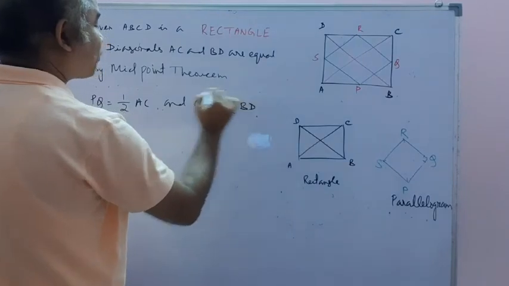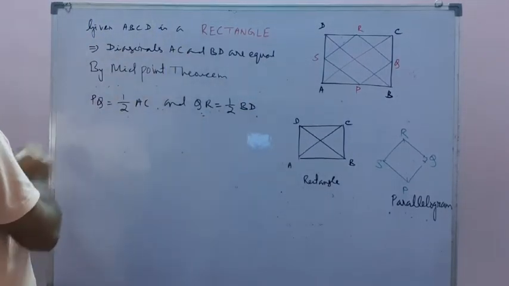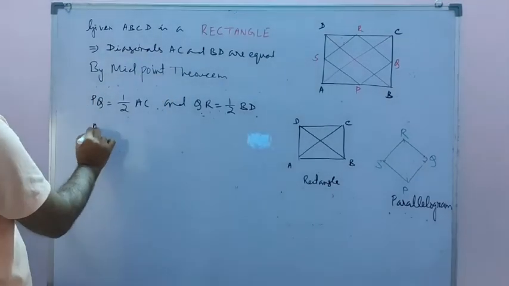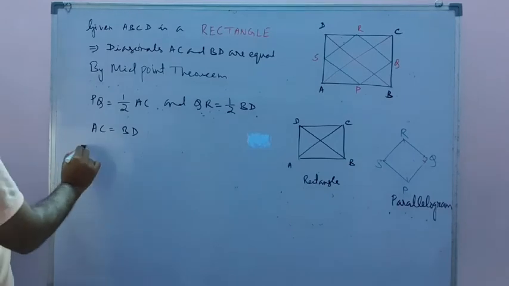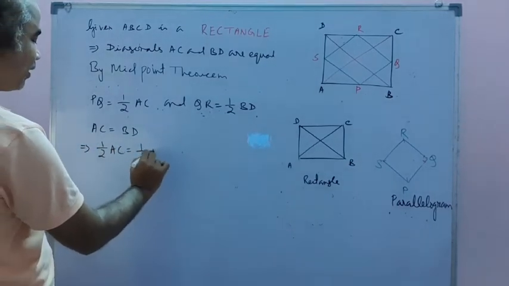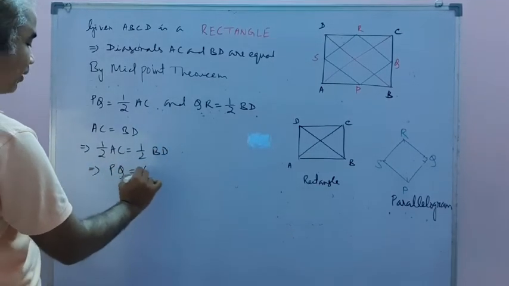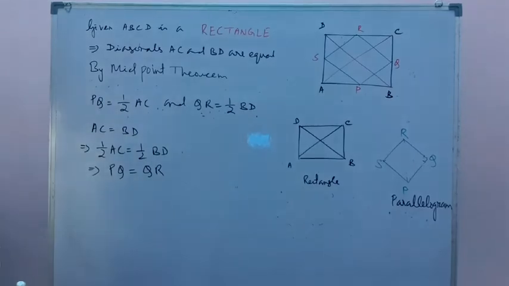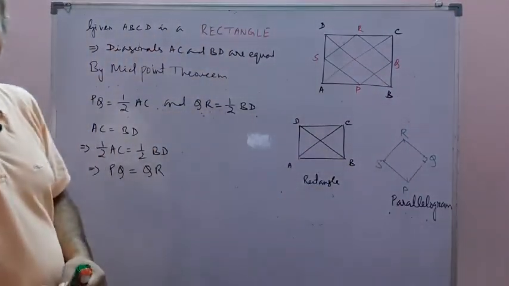That you already proved. Now as ABCD is a rectangle, diagonals AC and BD are equal. If AC equals BD, then half of AC equals half of BD. Half of AC means PQ and half of BD means QR. So in parallelogram PQRS, PQ and QR are equal.